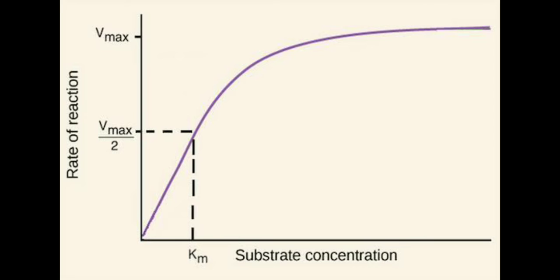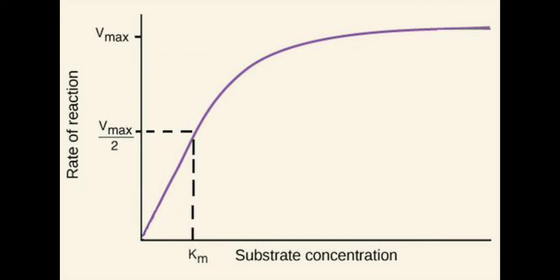Now another concept. As we increase the substrate concentration, the velocity of the reaction increases. Km is the Michaelis-Menten constant. At the Michaelis-Menten constant, the substrate concentration leads to a velocity of half of the maximum velocity.